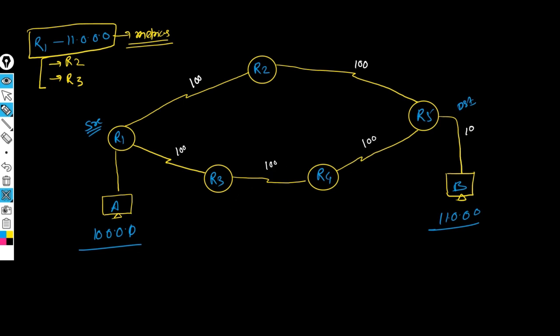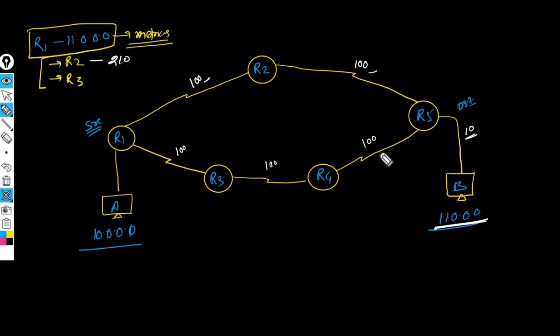So always remember, the metric is some kind of number, 1, 2, 3, 4, 5, 6, something, some number which is used to define the best path among the available paths, and always the least metric will be the best path. So say for example the metric via router 2 to reach this particular 11.0.0.2, just count 10 plus 100 plus 100, 210 is the metric.